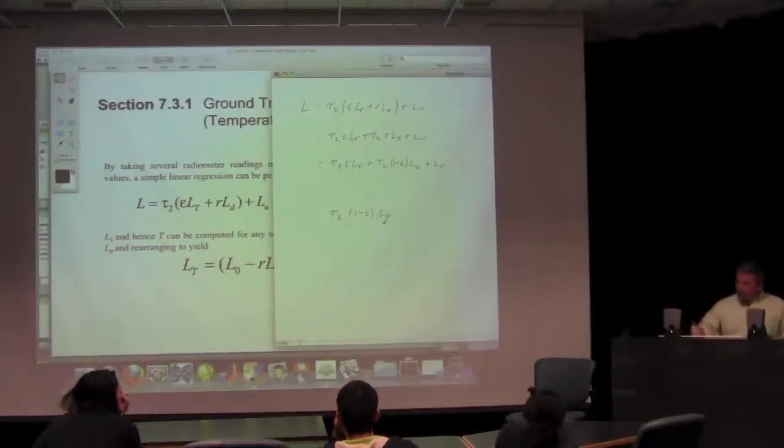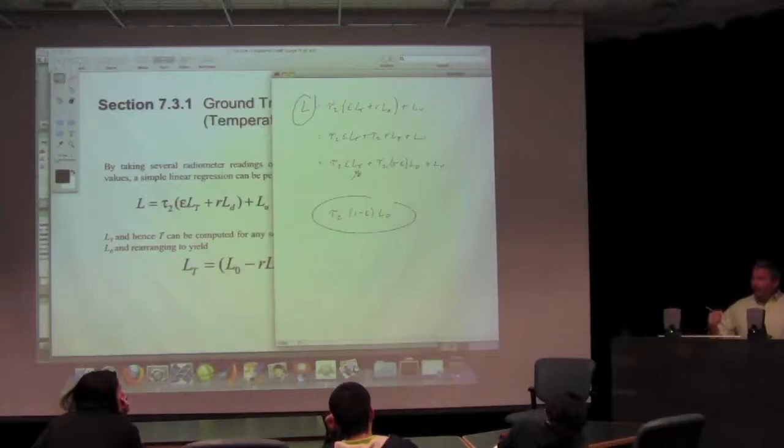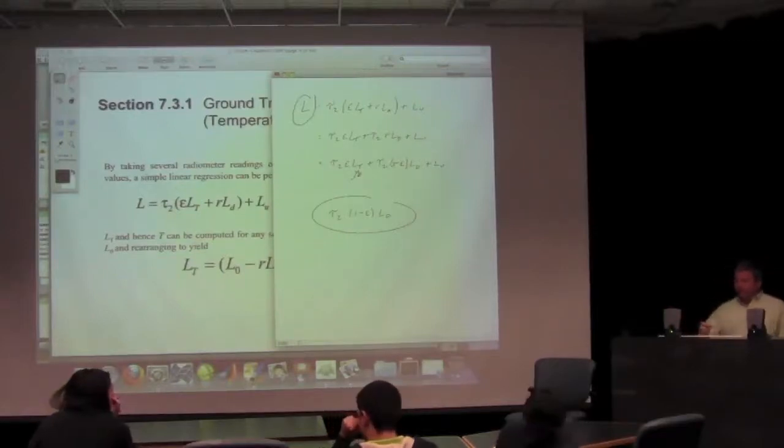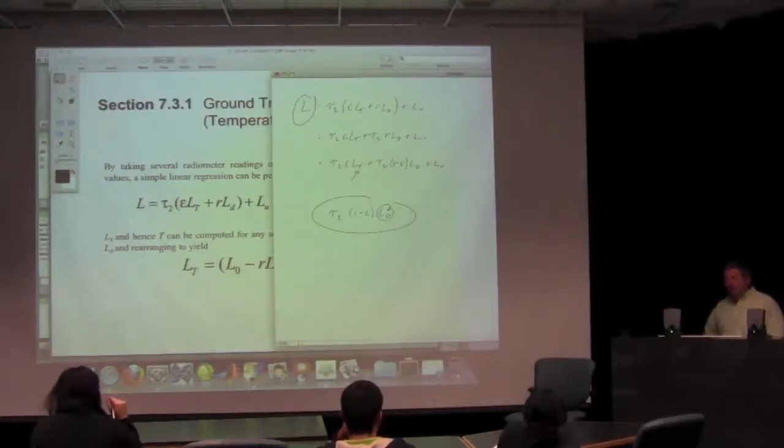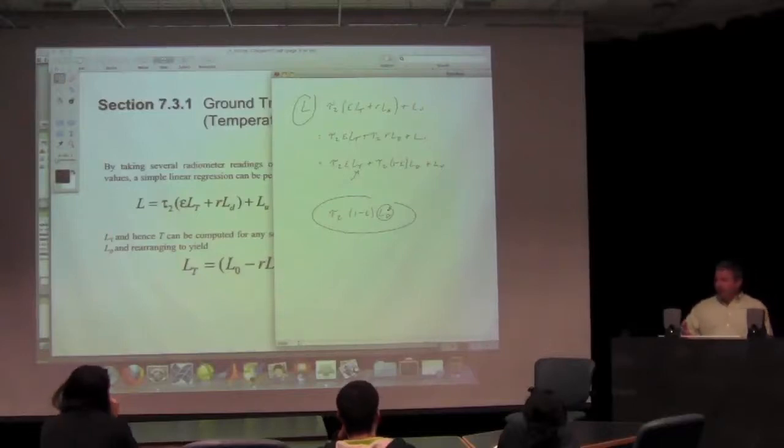If we look at that term, how critical is it to our final answer, and eventually our final derived temperature? How important is that? All right, so let's just take some typical numbers for a second. LD, the downwelling radiance in the thermal region of the spectrum, compared with the radiance leaving a target at ambient temperature.